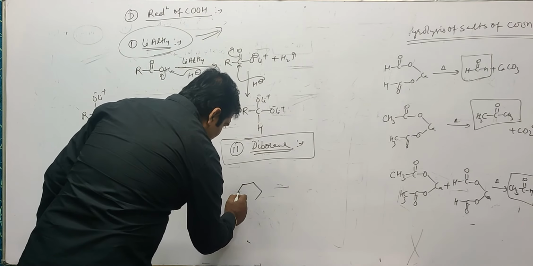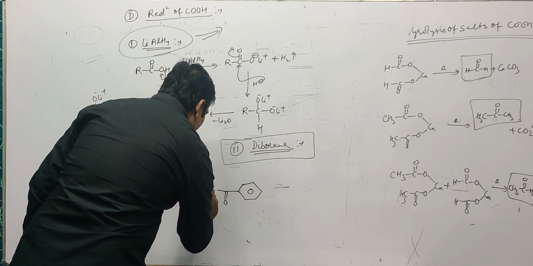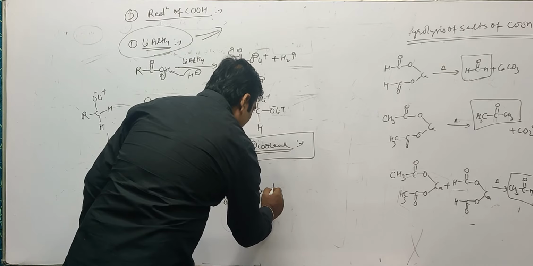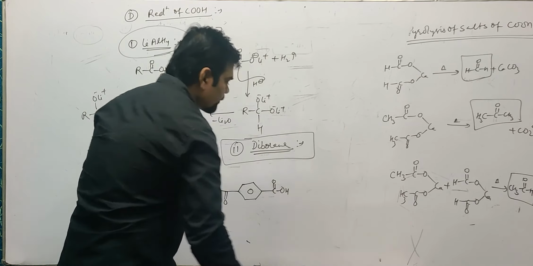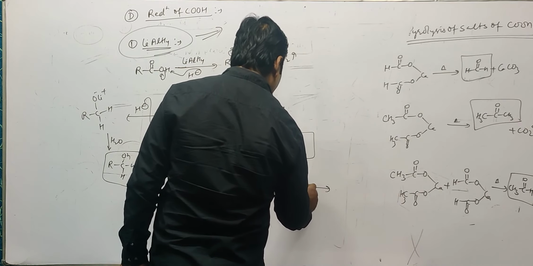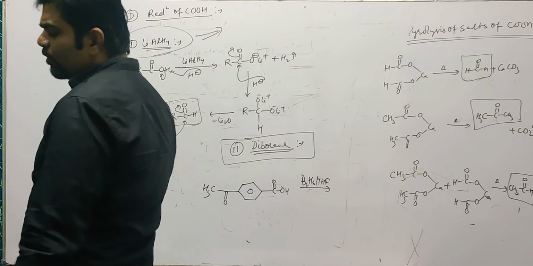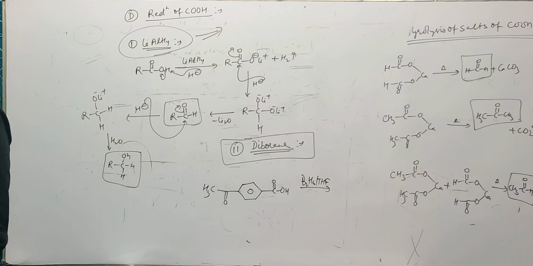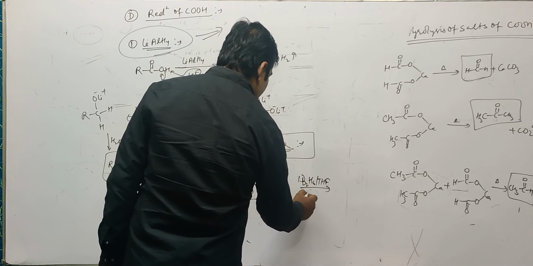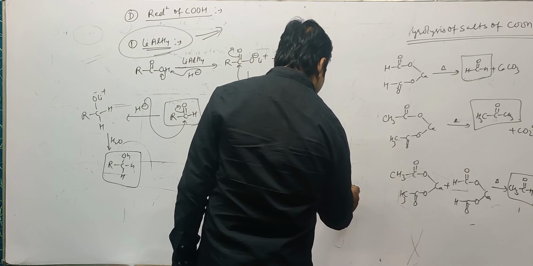For example, suppose we have taken acetophenone, with a C double bond OH at the para position. We use diborane, B2H6 in THF, followed by hydrolysis with H3O plus. The carboxylic acid gets reduced.